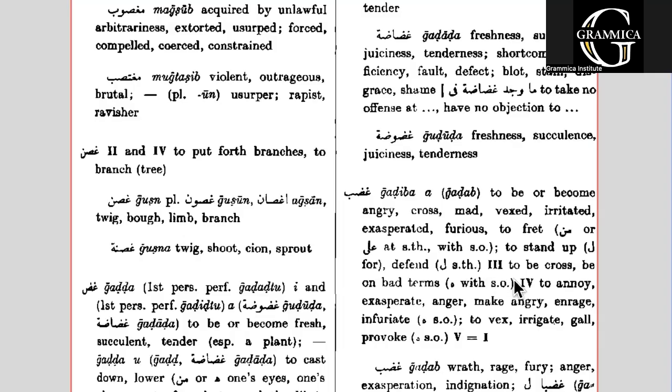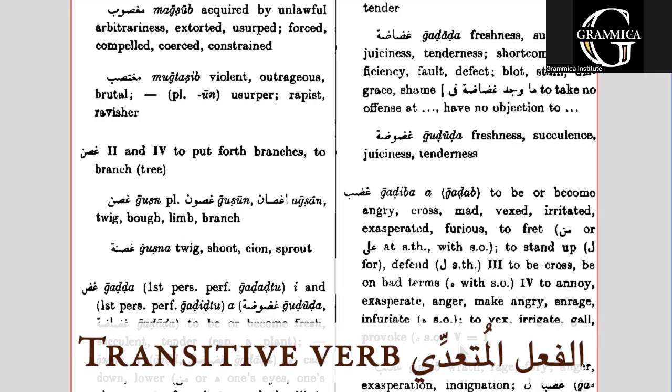What other forms are there? We have form 4 and we have form 5. Form 4, to annoy, exasperate, anger, make angry, enrage, infuriate someone with the ha, which means that this is causative. This is a transitive verb, just like form 3.